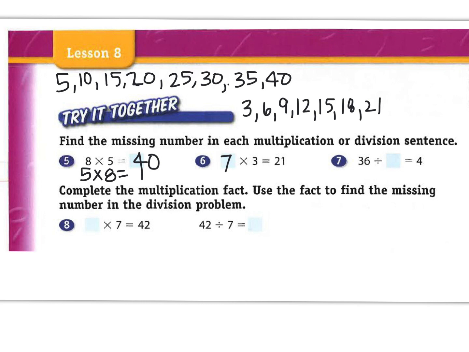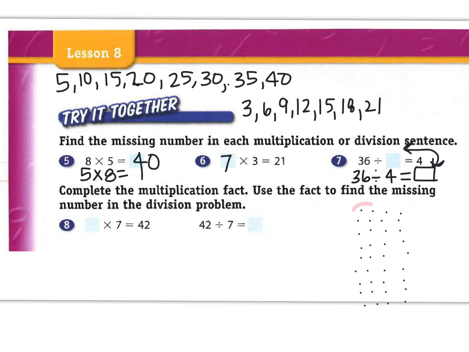And here we have 36 divided by something is 4. Well, we also know that in a fact family, we can do 36 divided by 4 equals that answer. Okay, so these two are going to be the same. So we're going to divide by 4. So we'll start with 36 and divide by 4.